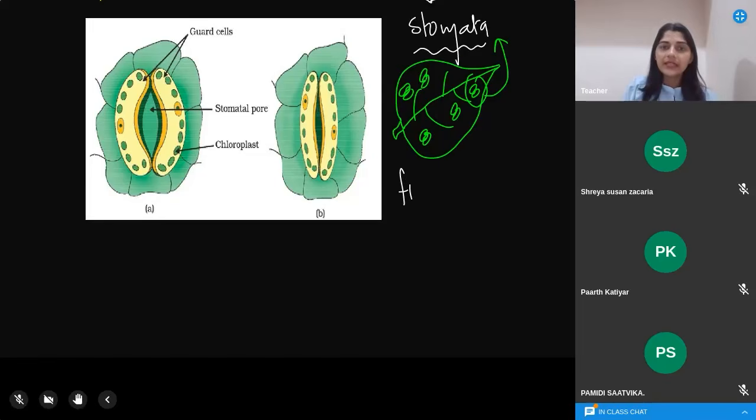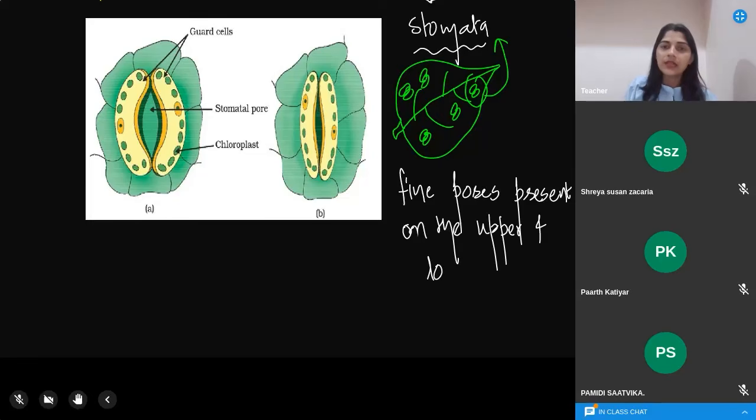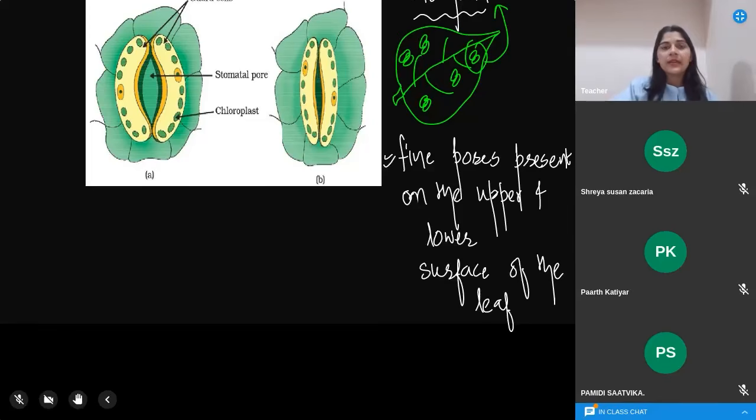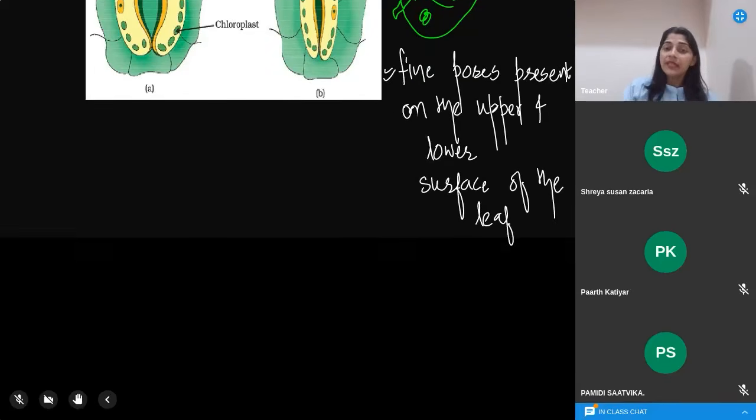We can say that these are the fine pores present on the upper and lower surface of the leaf. We cannot see them with the naked eye, right? They'll be visible with the help of the microscope. Okay? And what are they going to do?